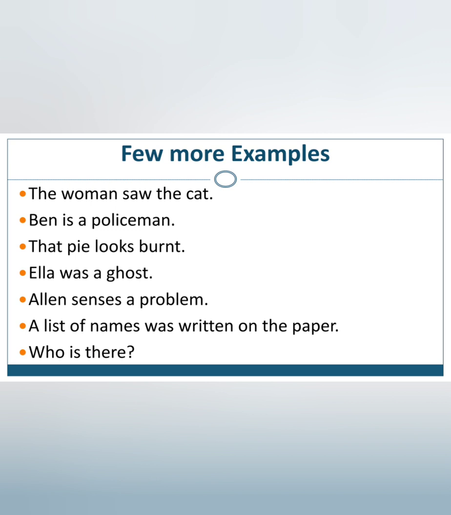Alan senses a problem. A list of names was written on the paper. Who is there? I hope this was simple enough to understand.